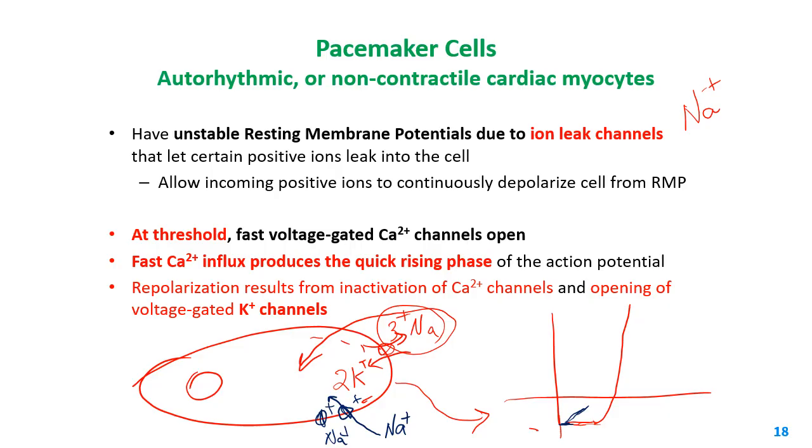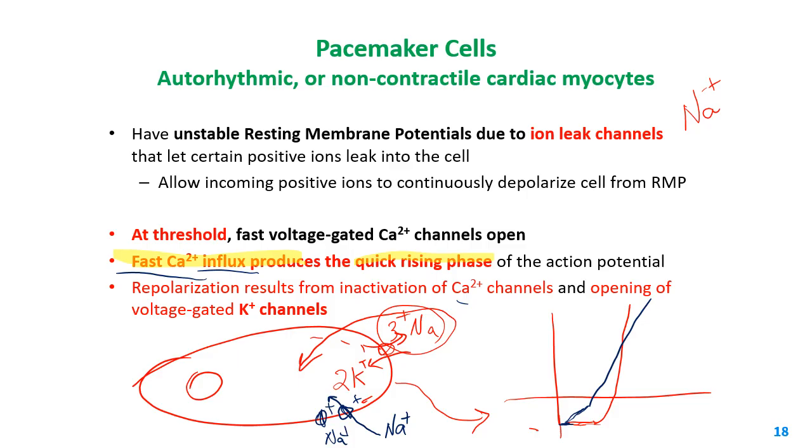And then it reaches threshold, and then whoop, you have your action potential, okay? Now this action potential is not going to be a total influx of sodium. The action potential is also actually going to be caused by an influx of calcium. Fast calcium influx, okay? So a fast calcium influx is going to give you that action potential for these pacemaker cells.